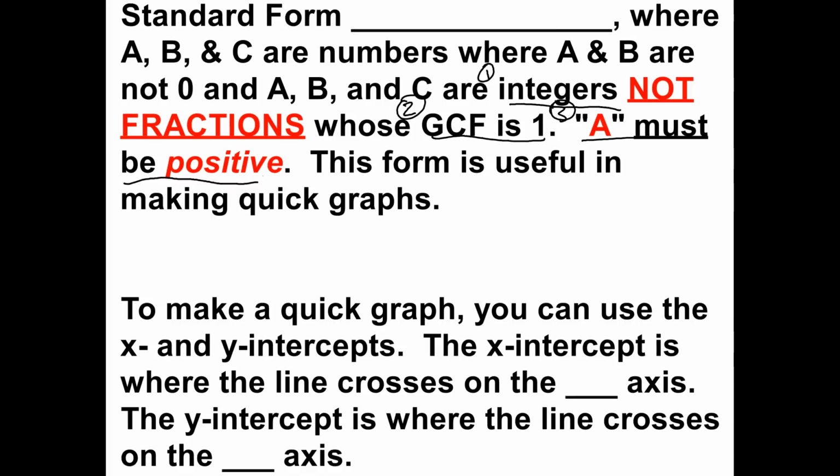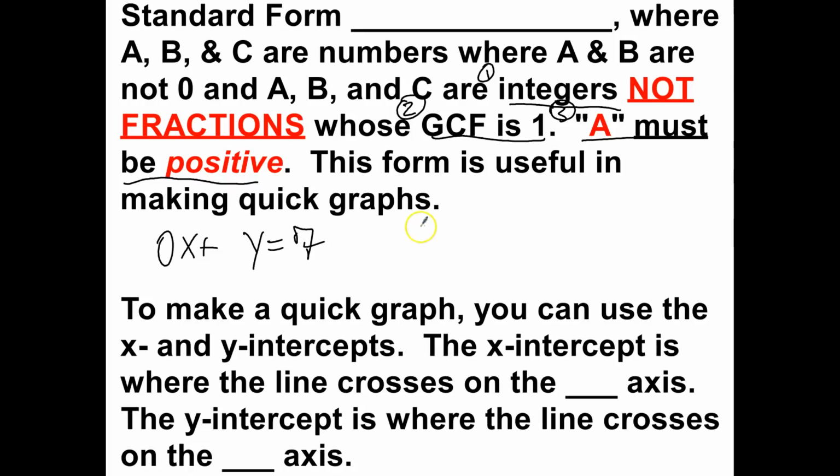Also, it says that A and B cannot both be 0. That means together, but A can be 0 and B can be 0. So if you have y is equal to 7, technically that's standard form because A would have been 0: 0x plus y equals 7.